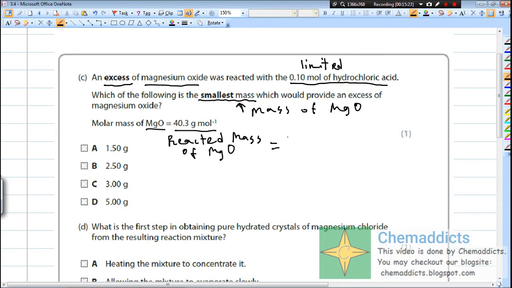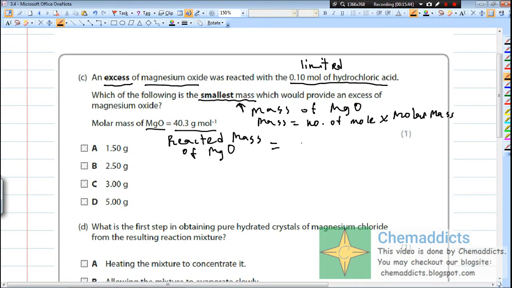We will use the formula: mass is equal to the number of moles multiplied by the molar mass. We're going to use this formula over here.